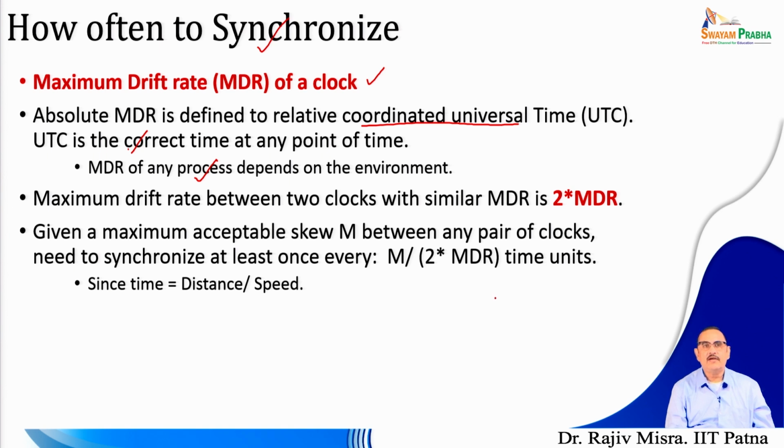The maximum drift rate between two clocks with similar MDR is 2 times MDR. So, given a maximum acceptable skew m between any pair of clocks, they need to synchronize at least once every m divided by 2 MDR time units, since time is equal to distance upon speed.